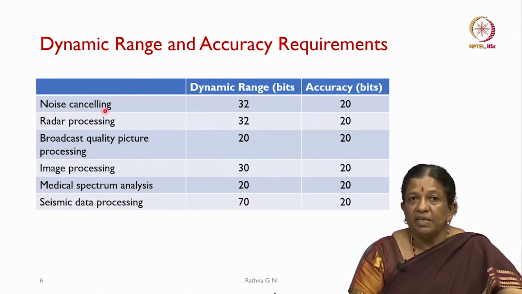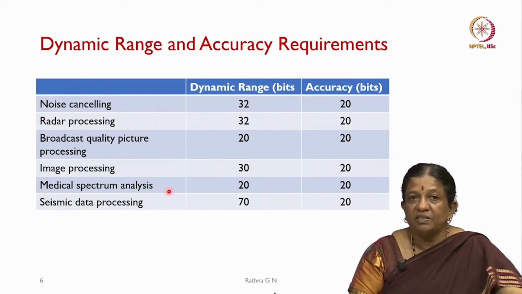We know that in noise cancelling, the dynamic range in number of bits is 32 bits, whereas for accuracy 20 bits is enough. In radar processing it is 32 and the same 20 bits, whereas in broadcast quality picture processing we need 20 bits for both. In image processing it is 30 and 20.